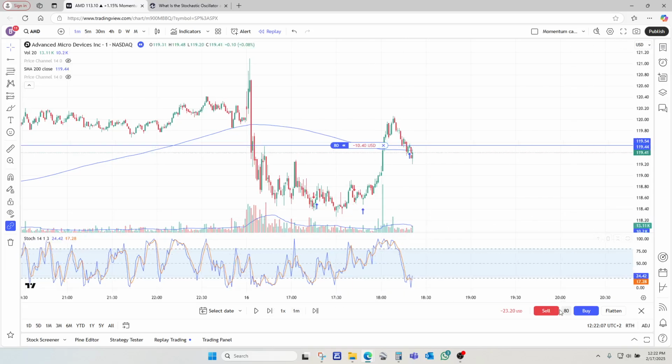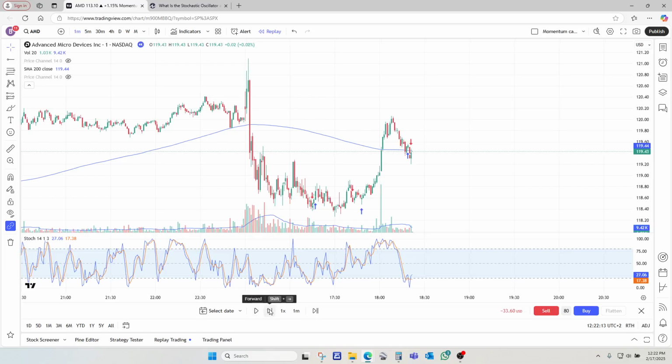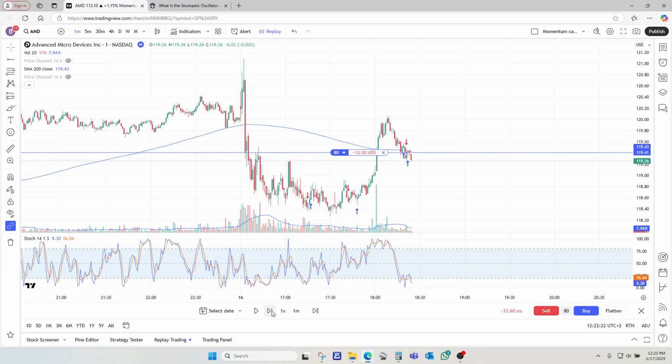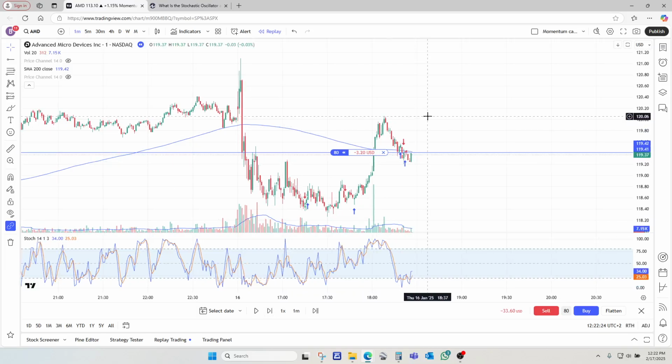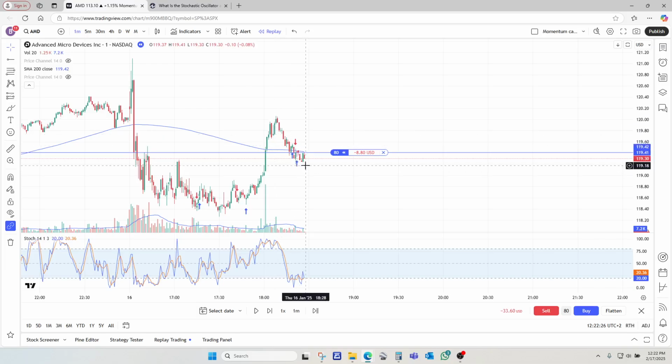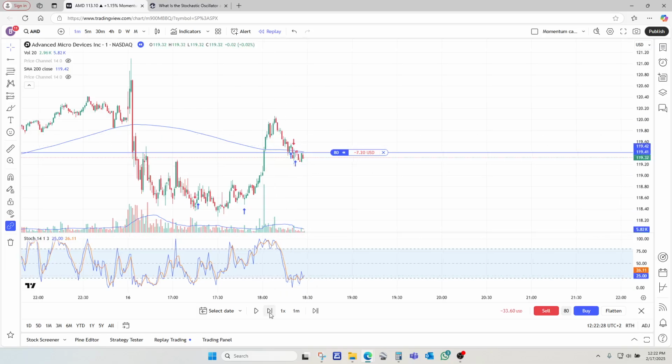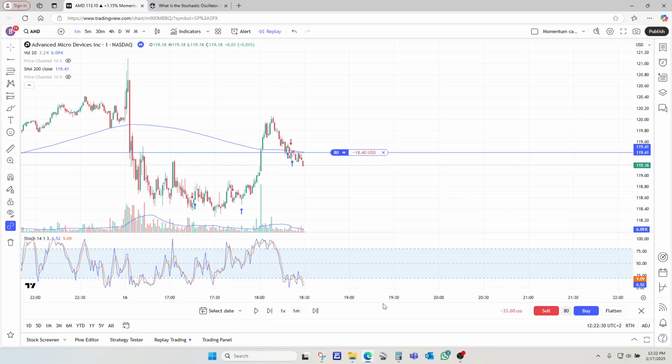Now it closed underneath our stop loss. I don't know why it's moving like that. Should be paused. It went up above, so I'm going back in. My stop loss is here underneath. If it closes under that line, it closed.